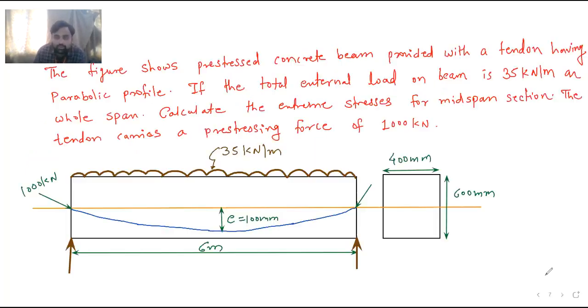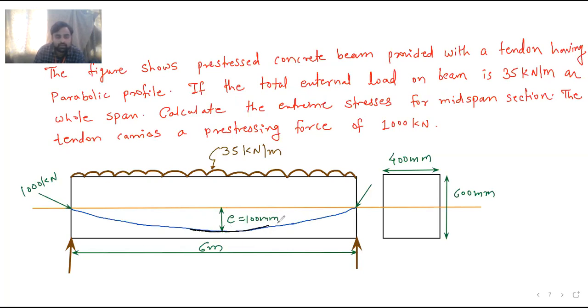Now again come to your original diagram. Here you can see, when you talk about Pe by Z, this is your P line, and the tendon line is here. Okay, so here your stressing force P will be present. Suppose that stressing force is present on the tendon like this.